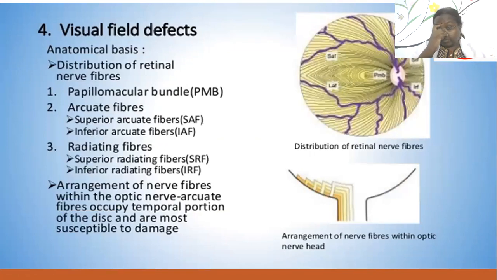Visual field defects. It depends upon the anatomical basis of the retinal nerve fibers. There is a bundle of fibers between the macula and the optic disc, which is called the papillomacular bundle. These fibers are going to get affected only at the advanced stage.